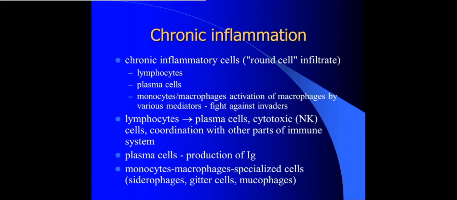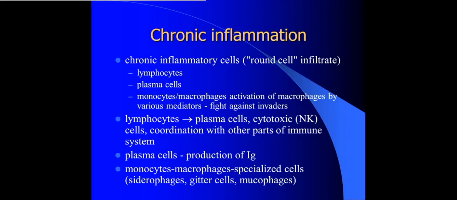Plasma cells produce immunoglobulin. When B cells differentiate, two types of cells are formed: plasma cells and memory cells, right? And the plasma cells produce different types of antibodies to protect our body from inflammation or other foreign particles.